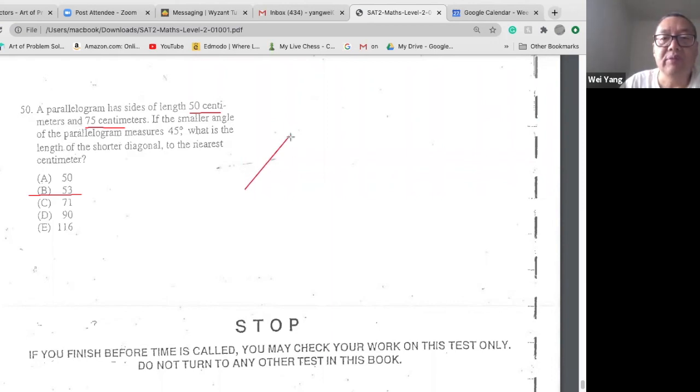So now let's draw a parallelogram, something like this. Then suppose this one's A, B, C, D. Suppose this angle equals 45 degrees.